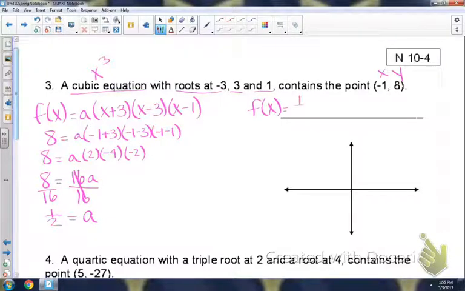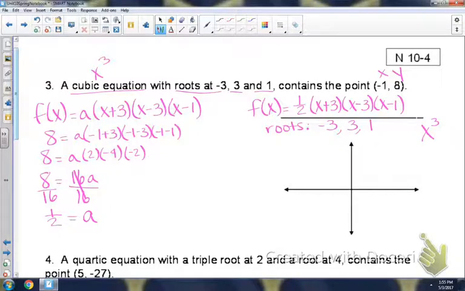So writing your function, f of x equals a half, x plus 3, x minus 3, and x minus 1. So our roots are -3, 3, and 1. So we have 3 of them, so it's cubic.